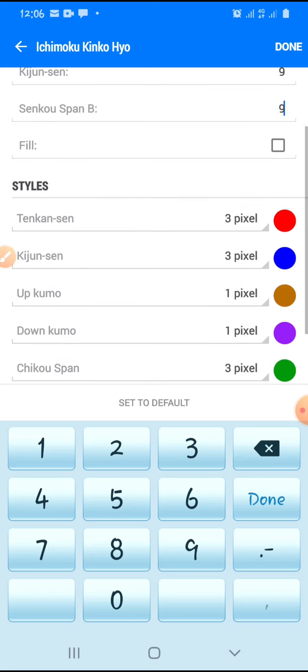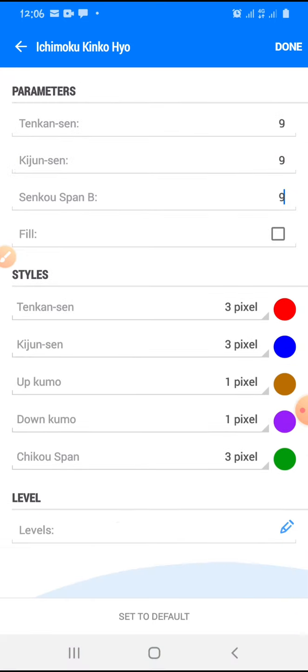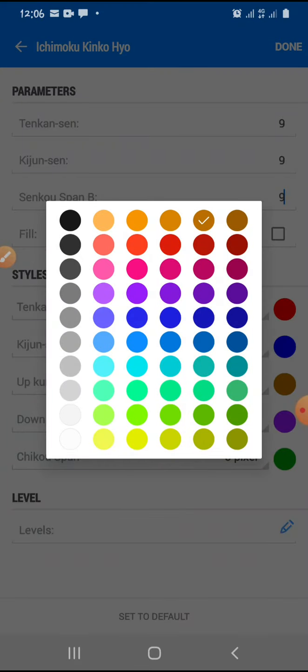Then we will use 3 pixels for the Tenkan Sen and the Kijun Sen. Both of them we will use 3 pixels because definitely we will work with these 2 styles only, eliminating the other styles. So here at the bottom, you will deselect the other ones.